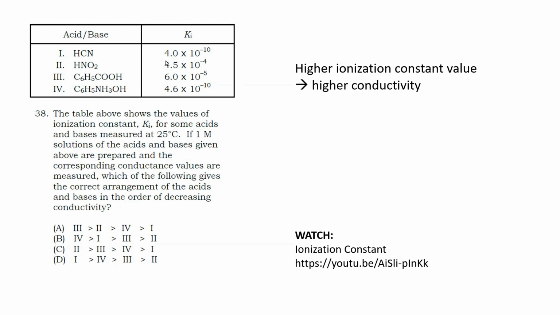Yung pinakamataas na ionization constant is yung 2, yung 4.5 times 10 raised to negative 4. And then, yung pinakamababang ionization constant value is yung 1, yung HCN, 4 times 10 raised to negative 10. So, yung answer natin dito is letter C. So, 2, then 3, 4, and 1.